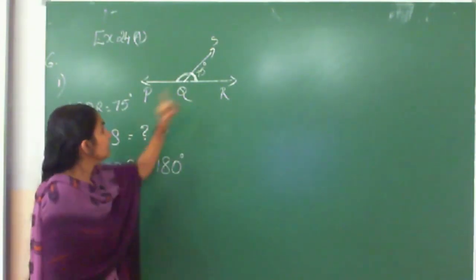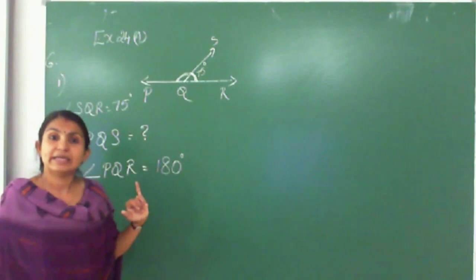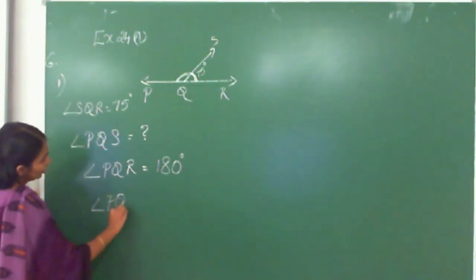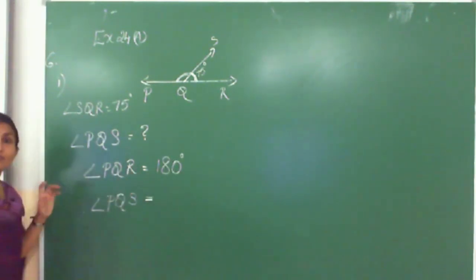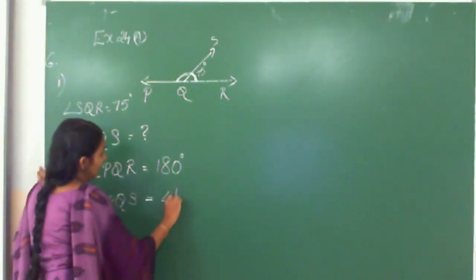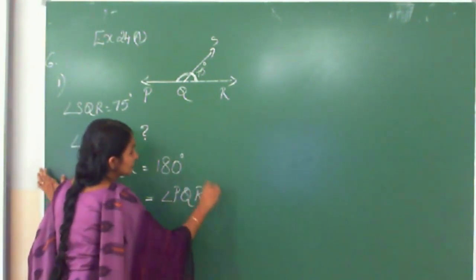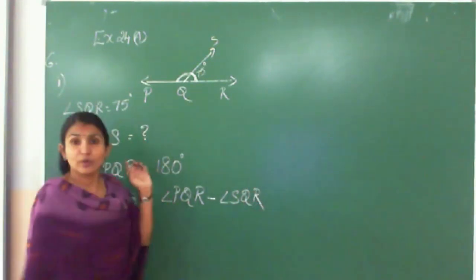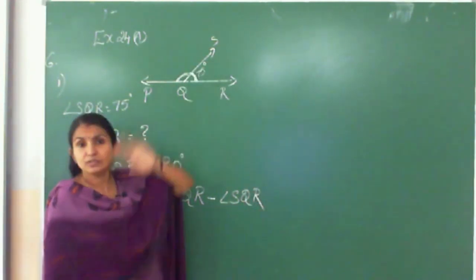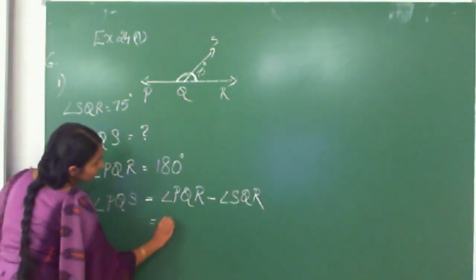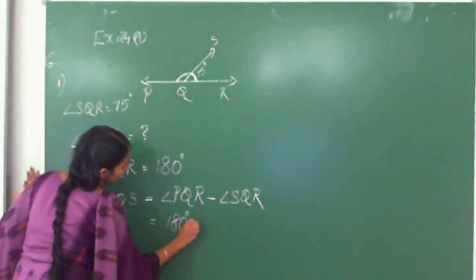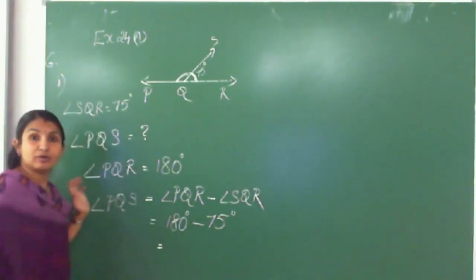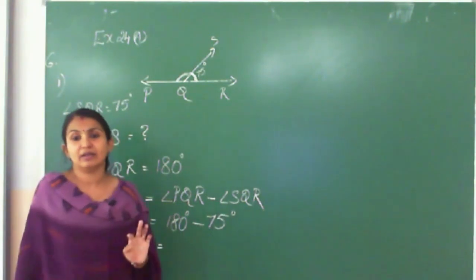We want to subtract the 75 from 180 degree. So we can write, therefore, angle PQS is equal to, from which we are subtracting? From angle PQR, we are subtracting angle SQR. If you want, you can write angle RQS also, which is equal to 180 degree minus 75 degree. Whenever you are writing, don't forget to write this degree.